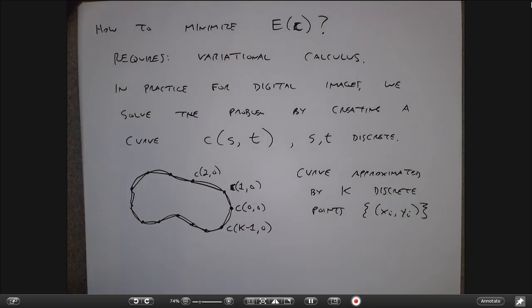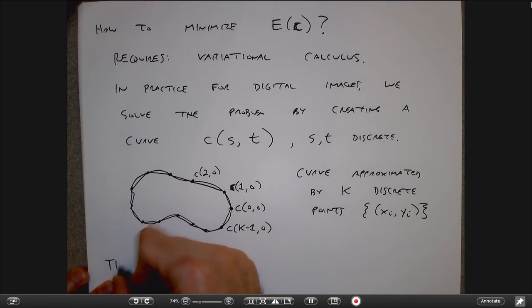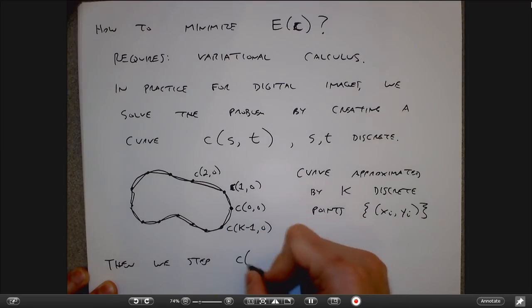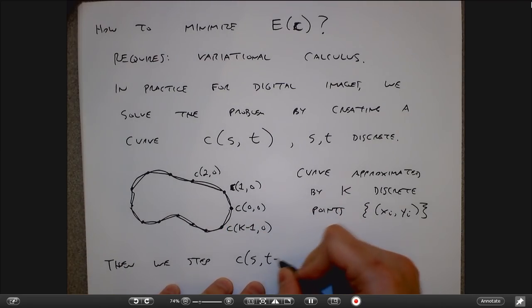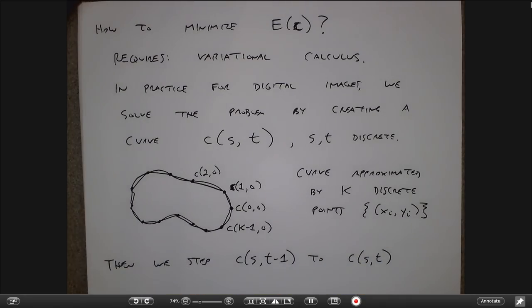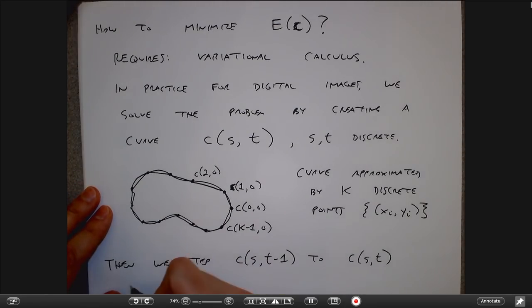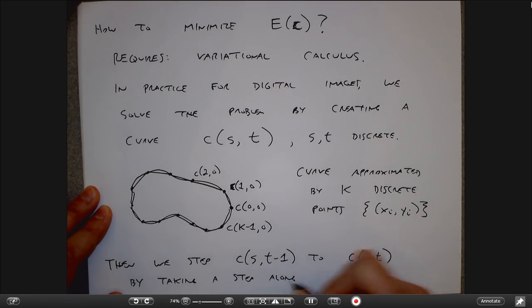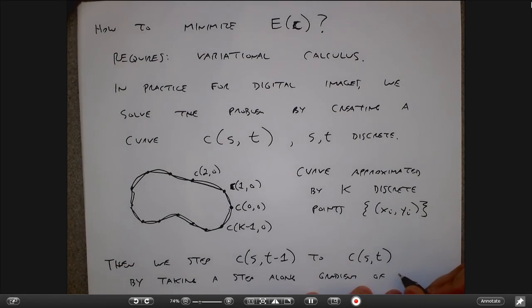So here, I step this curve to the next time step by, and this is very hand wavy, taking a step along the gradient of E. Something like numerical differentiation.